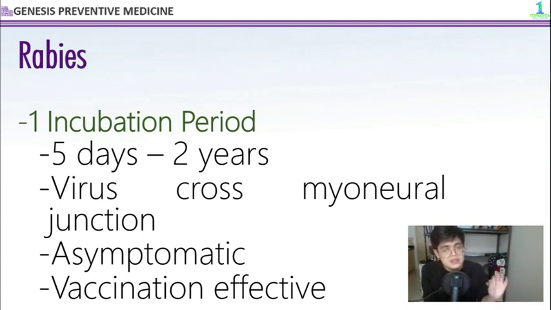So they would ask, is rabies vaccination still indicated when the wound is very small? You have to explain to them that the size of the bite site, or the severity, or the diameter of the bite site does not really matter in the grand scheme of the virus crossing the myoneural junction.